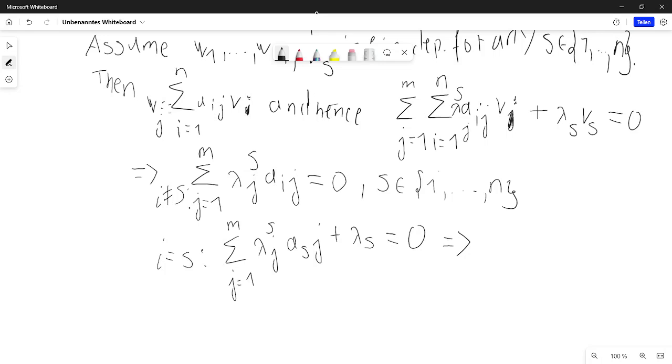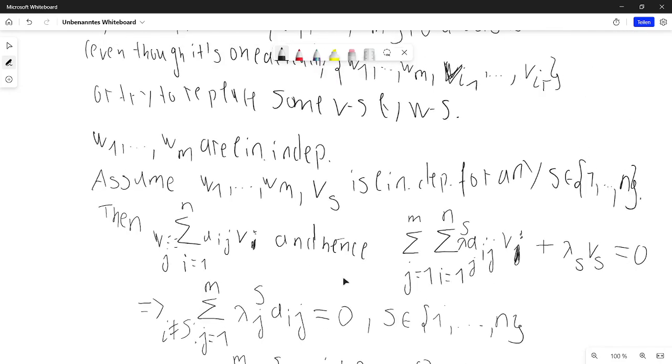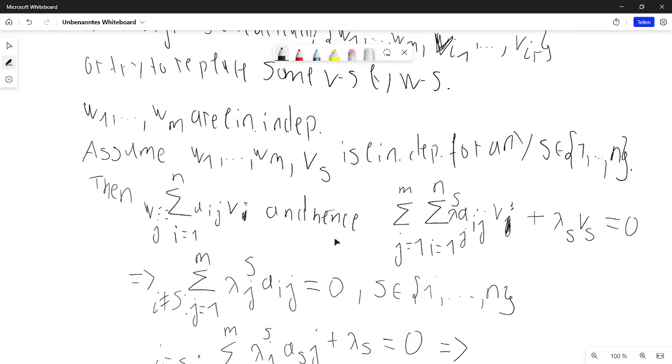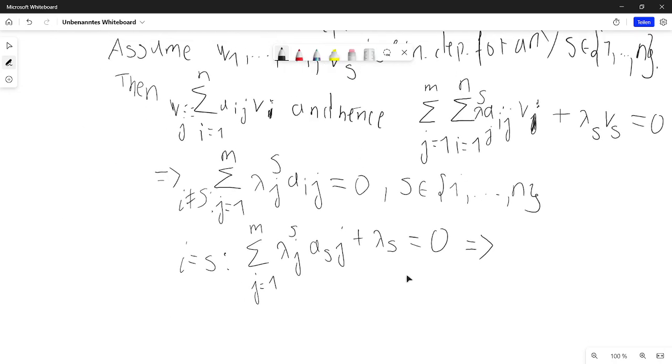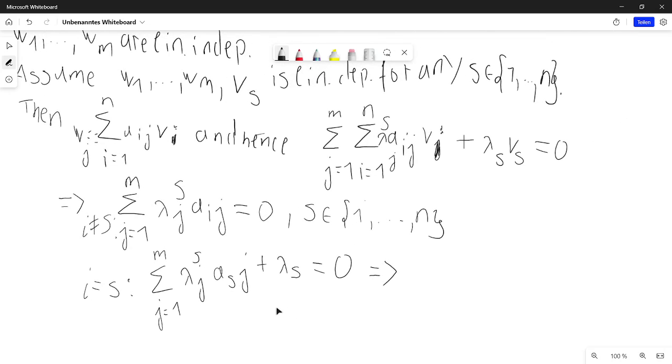And with that, well, I thought that somehow we will get the rows linearly dependent for any s. We should actually get a contradiction, right?